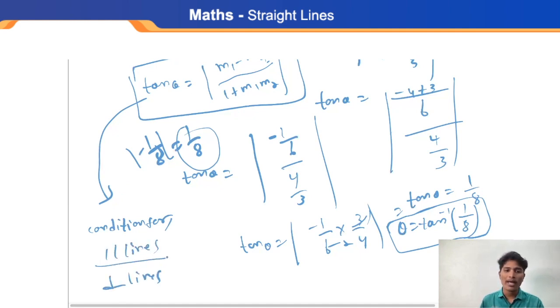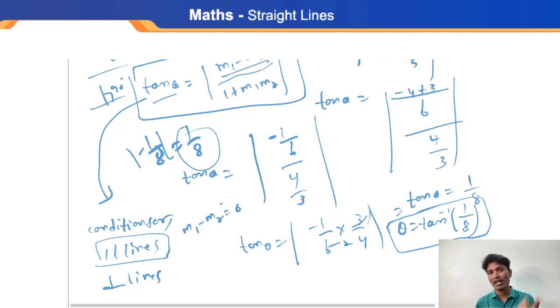Parallel lines have an inclination between them of 0 degrees, and perpendicular lines have an inclination of 90 degrees. So when tan theta is equal to 0, when m1 minus m2 is equal to 0, tan theta will be 0. In that case, I will get parallel lines. So m1 is equal to m2. If the two slopes of the two straight lines are equal, then we can say those straight lines are parallel lines.